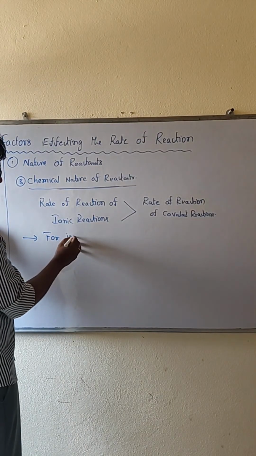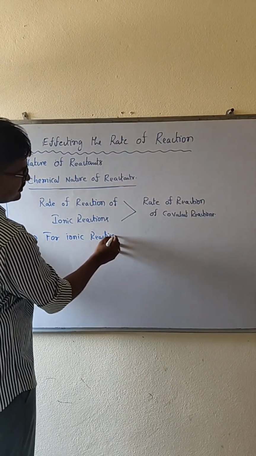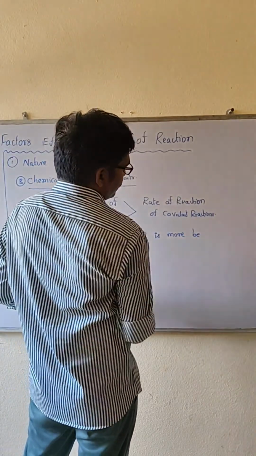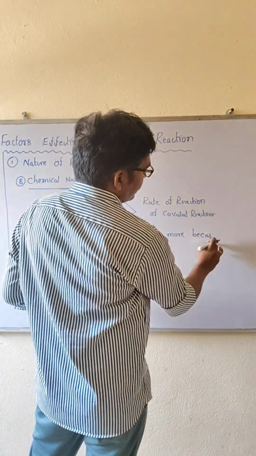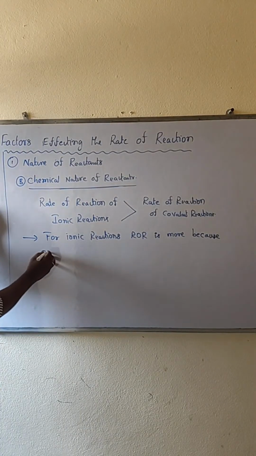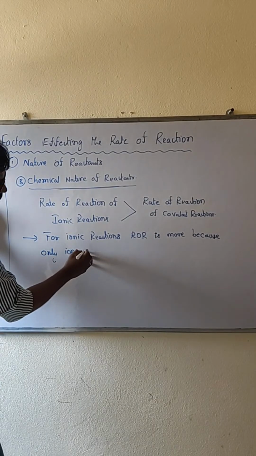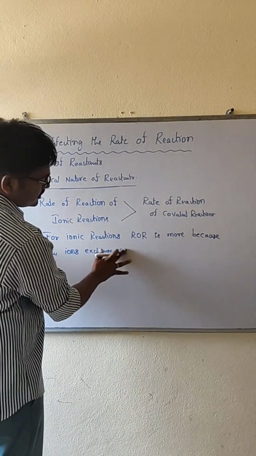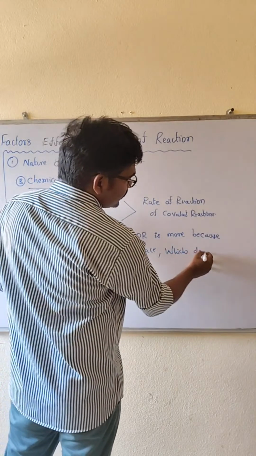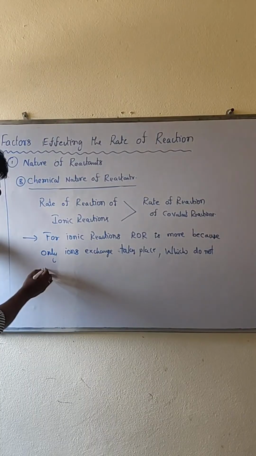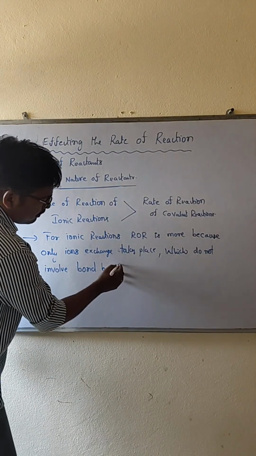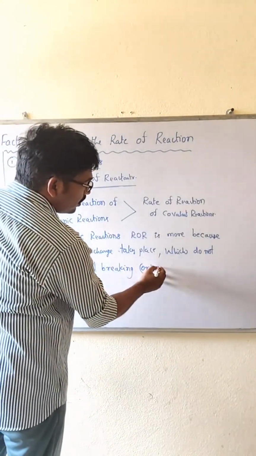For ionic reactions, the rate of reaction is more because only ion exchange takes place, which does not involve bond breaking or bond making.